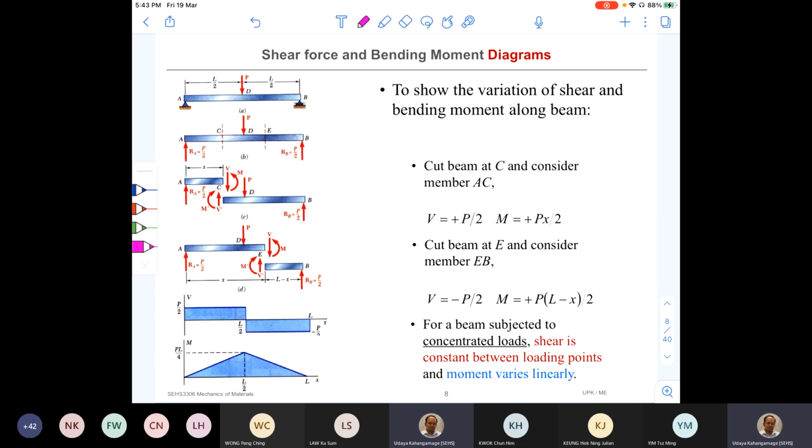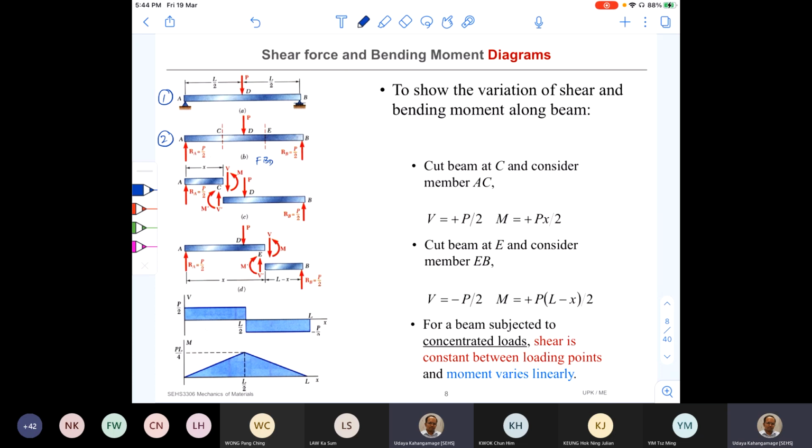Okay, so now here what we can see is a simply supported beam with a middle load P. The first step is to have our physical system, and the second step is to draw a free body diagram. So I have drawn the FBD and marked the reaction forces RA and RB.